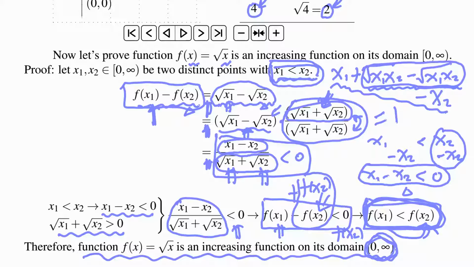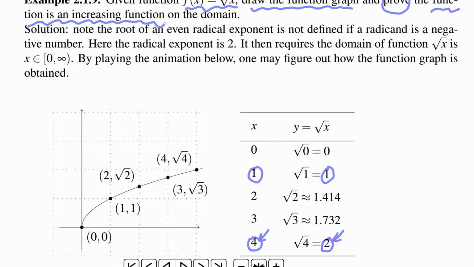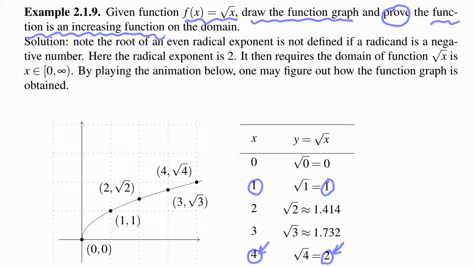Here the domain is from 0 to positive infinity, and 0 is included. Why is that? Remember, for the expression here, you cannot put a negative number inside. This is not defined. Any negative number as a radicand cannot be defined.